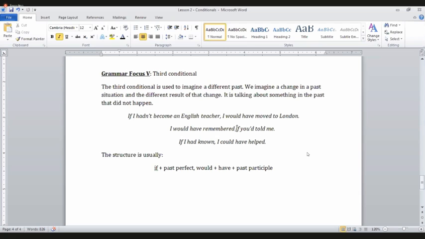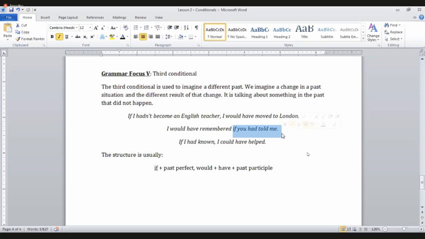Look at the if clause here. If you had told me, I would have remembered. So in this if clause, what do you think?